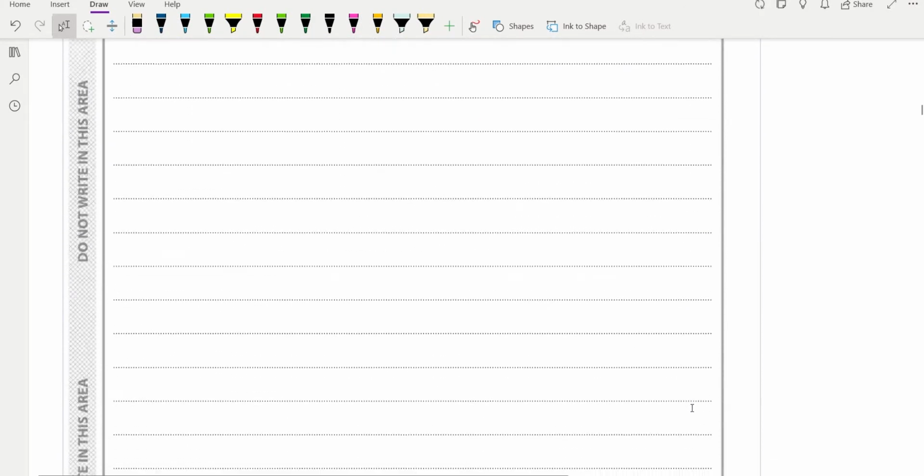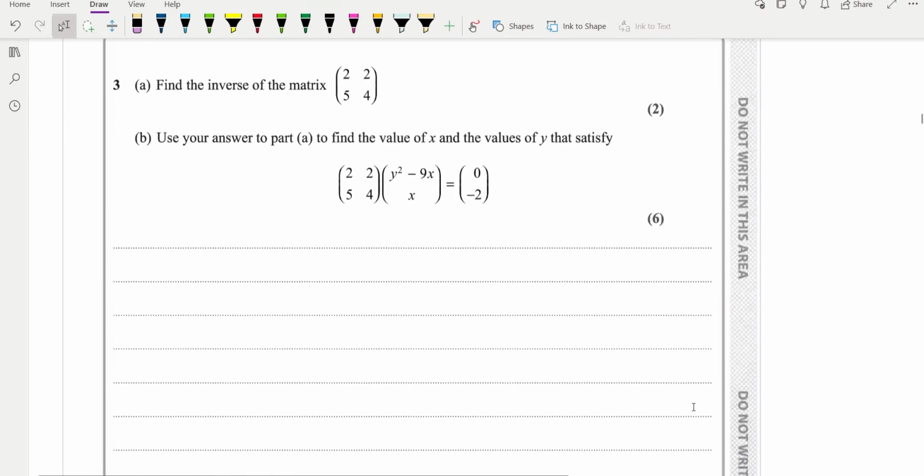Now question number three is a matrices question. They're saying find the inverse of this matrix. Inverse of a matrix, we know what it is.